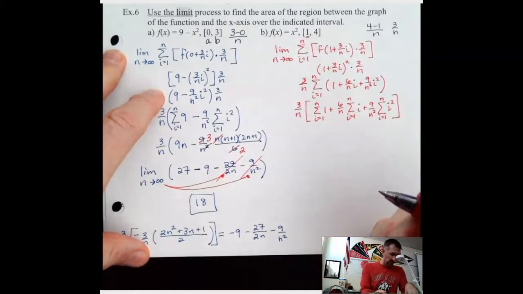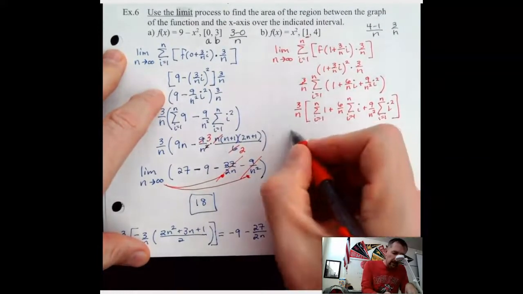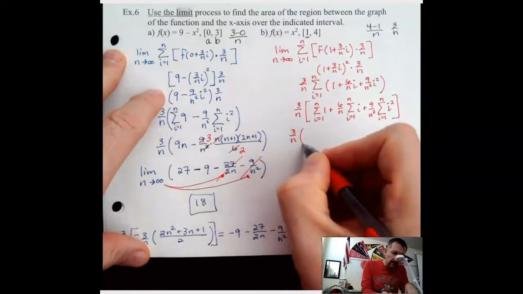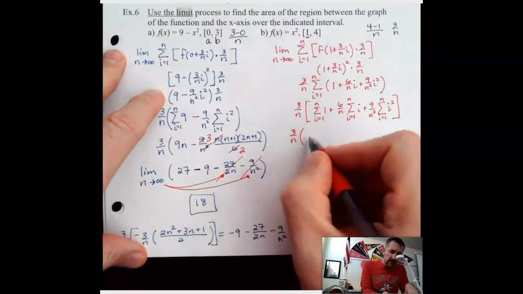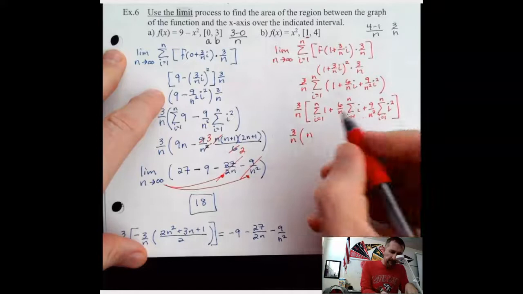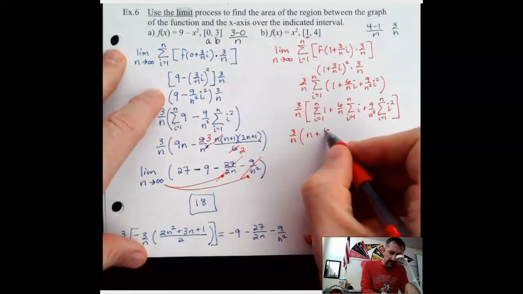Either way, doesn't matter. Okay. So now we have 3 over n. So this is going to be n. This is going to be 6 over n.